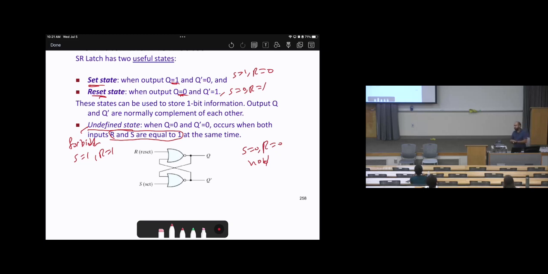This data will be stored without being changed. After setting S equals 0, R equals 0, there is no way to change this data. It will be stored, and that's what we want. So I can control them by changing the status of R and S.